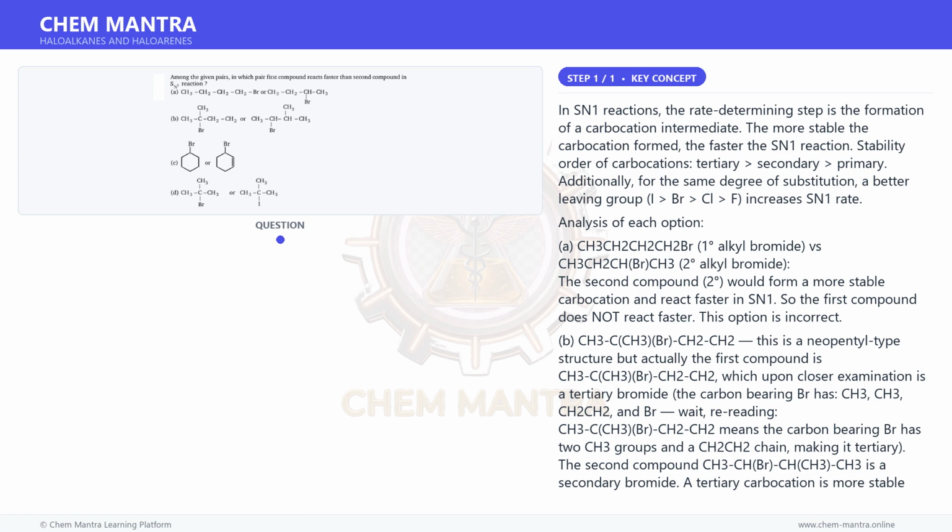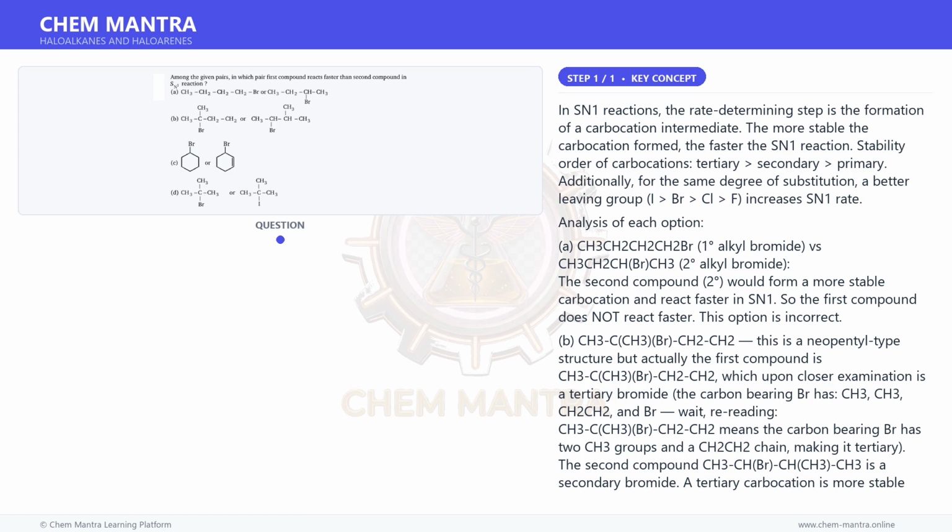The second compound, CH3CHBrCH(CH3)CH3, is a secondary bromide. A tertiary carbocation is more stable than a secondary carbocation, so the first compound, the tertiary bromide, reacts faster in SN1 than the second compound, the secondary bromide. This is consistent with the first reacting faster.